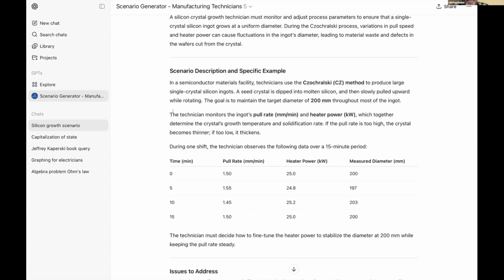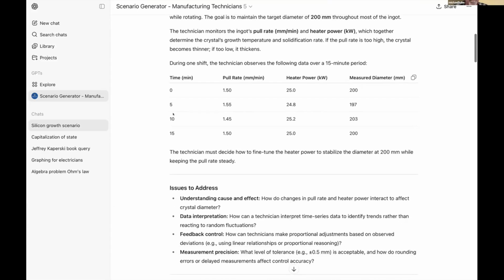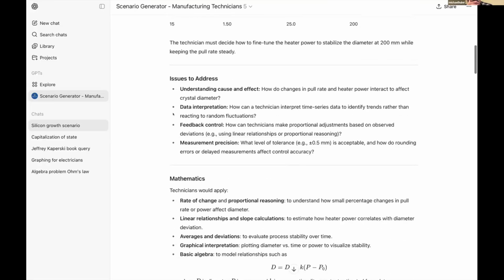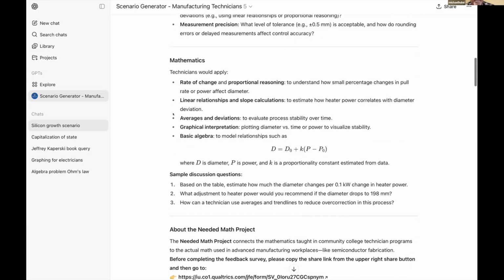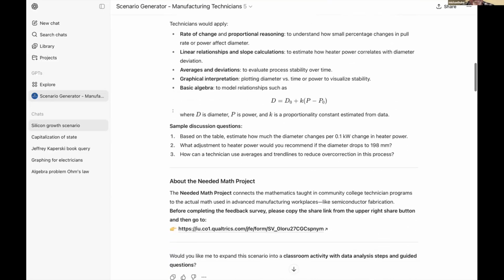It didn't talk about rotation, probably, which has something to do with it too. They gave us this table of pull rate of some samples over 10-15 minutes. They want to have a 200 millimeter diameter, is what we were told. They give us all this information and some issues to address, looking at cause and effect, and basic algebra equations for figuring this out.